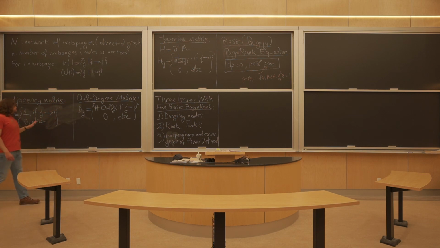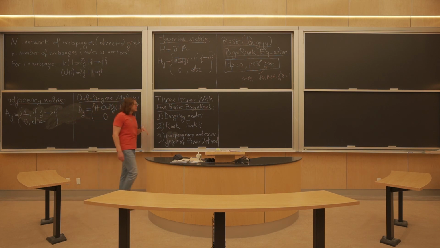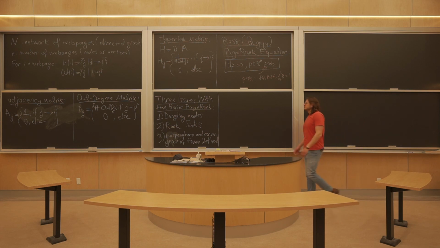The adjacency matrix basically keeps track of which two web pages are connected, and the out degree matrix keeps track of how many outlinks you have. In a second, I'm going to do an example and compute all of these explicitly. But for now, let's just take it for granted.